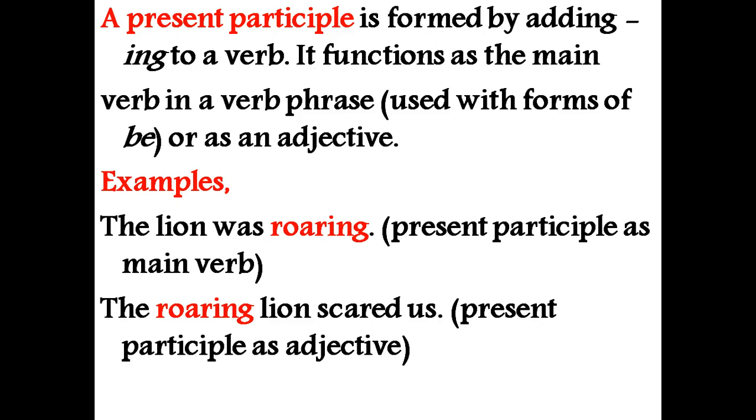Examples: The lion was roaring, present participle as main verb, which is highlighted in red. The roaring lion scared us, present participle as an adjective. So the first one is a present participle as the main verb, while in the second example, the roaring lion is a present participle, but it functions as an adjective.